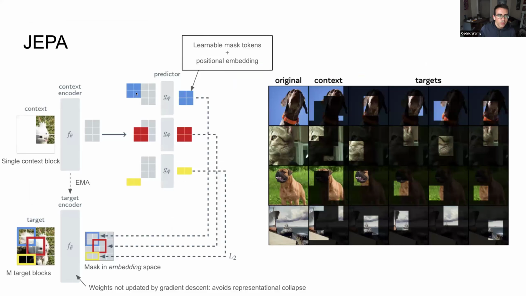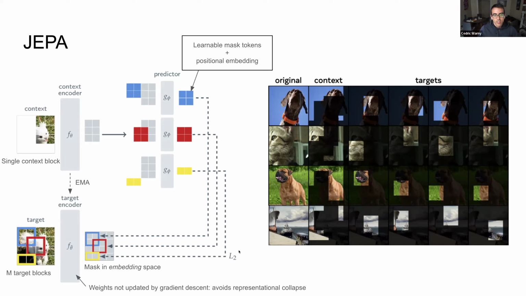So the mask tokens and positional embeddings are represented here by this little thing. And actually the arrow should point to this. So you add them to your context, and independently for each target block, you're going to predict the target block here.